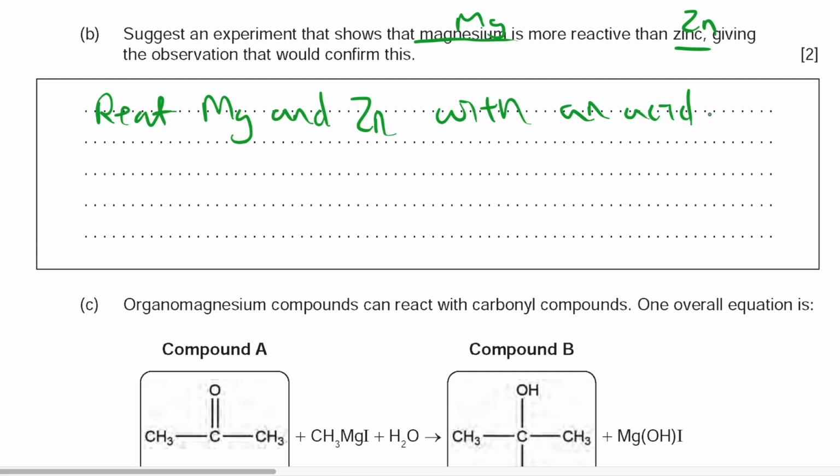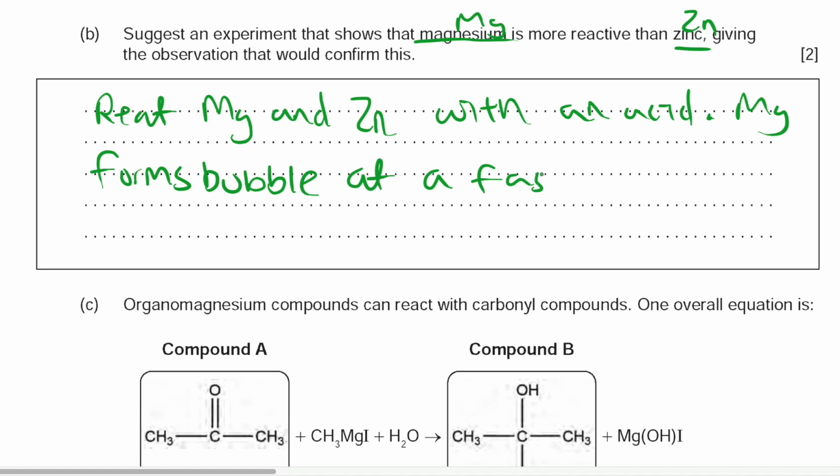And you will see that magnesium forms bubbles at a faster rate. This will suggest that magnesium is more reactive than zinc.